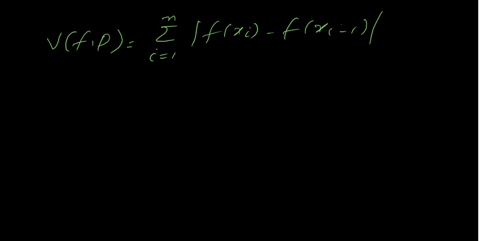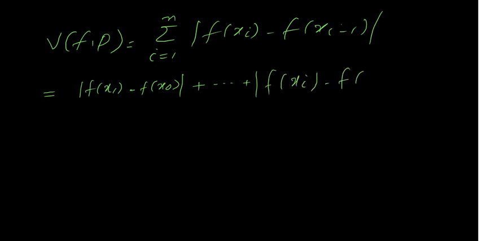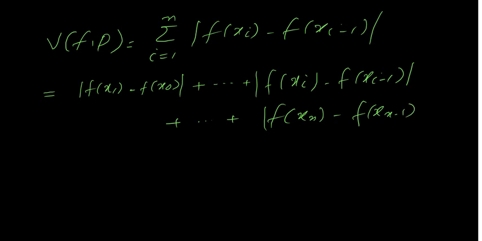This is the variation by definition, and if we expand this variation, it's equal to mod of f of x1 minus f of x naught, plus you continue this process, and at the ith stage you will get f of xi minus f of xi minus 1. Then at the nth stage we have f of xn minus f of xn minus 1.